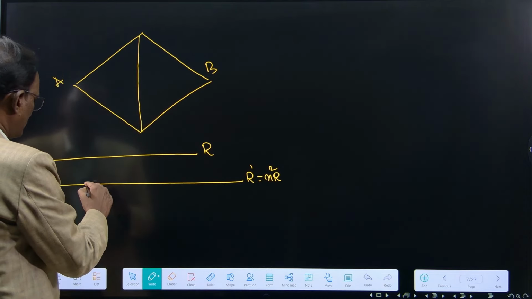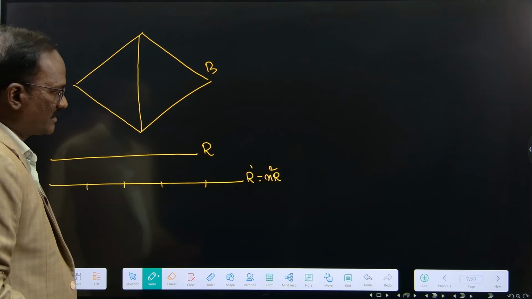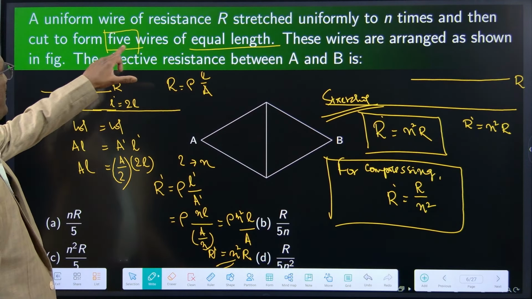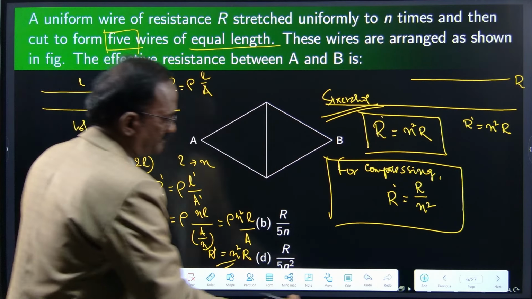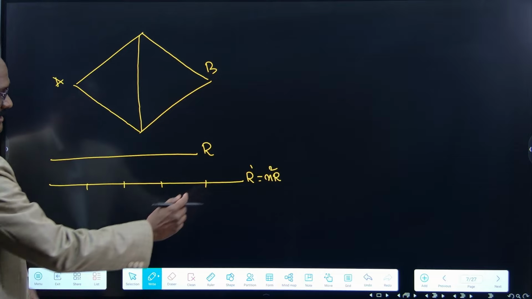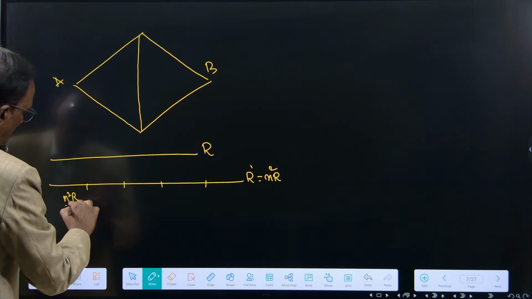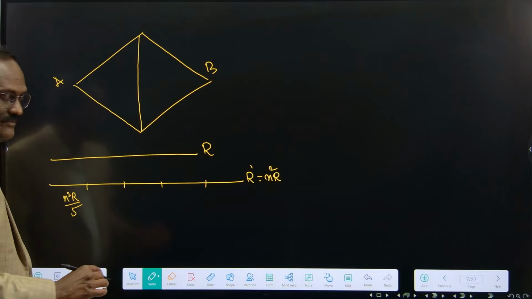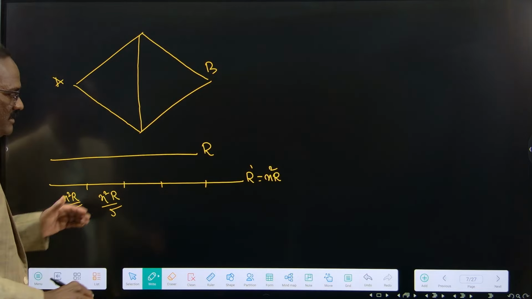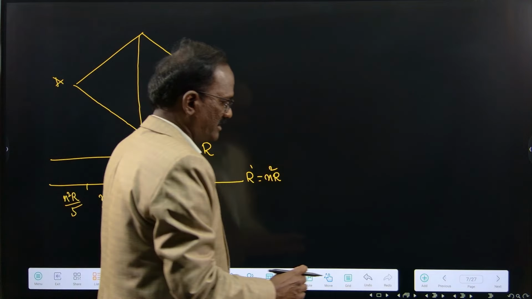Then it is cut into 5 pieces. Cut to form 5 wires of equal length. So they are cutting it. So the new value is n square R by 5. 5 pieces they are making. N square R divided by 5. So equal length. Then it is formed in this way.